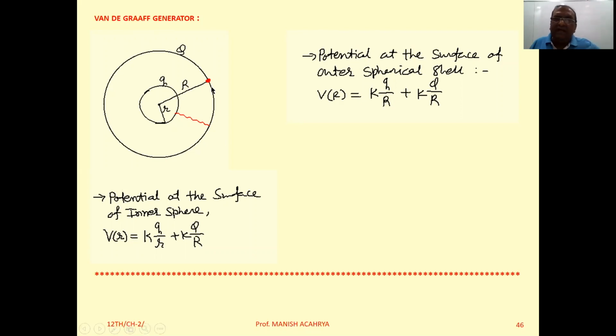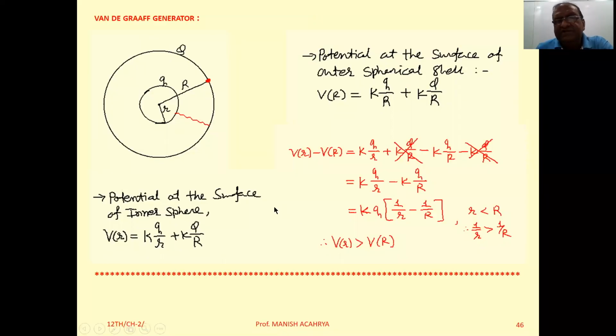So at the surface of the outer one, the inner one will give the potential K small q upon capital R, and the potential due to its own charge capital Q is K capital Q by R. So the resultant potential at the surface of the outer shell is K small q upon capital R plus K capital Q upon capital R. Clear to all of you?